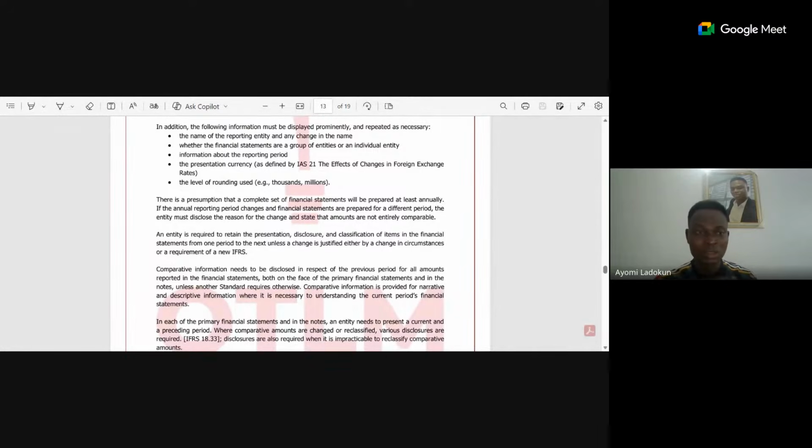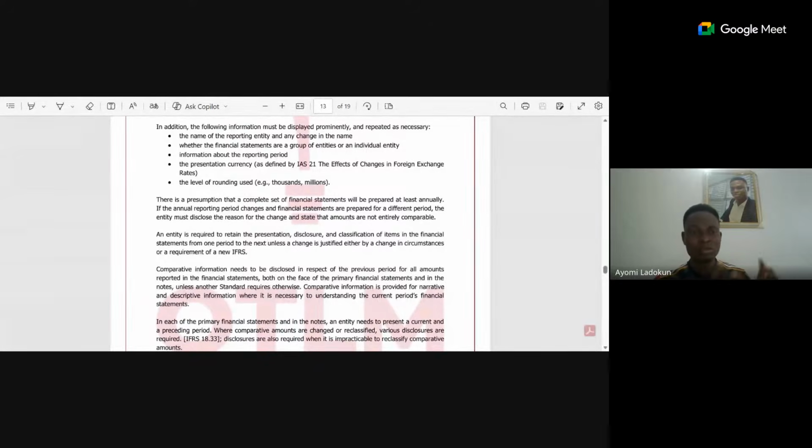Then you're also going to disclose the presentation currency as defined by IAS 21. So if you're writing FR, your lecturer must have taught you IAS 21 because it's in your syllabus. This is the first time ACCA is including IAS 21 in the FR syllabus. But obviously in SBR, this is something you should learn, right? Whether it's going to be tested or not, that's another thing entirely.